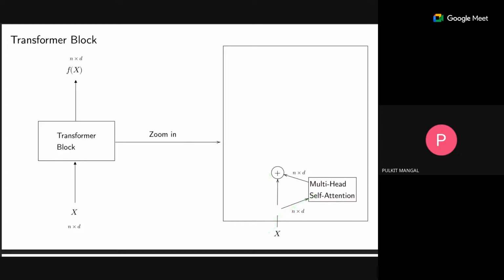One, it goes straight, and one, we pass it to another block called multi-head self-attention. The output of multi-head self-attention is also n cross t. So the input of multi-head attention is n cross t, output is also n cross t, and that will be passed here.